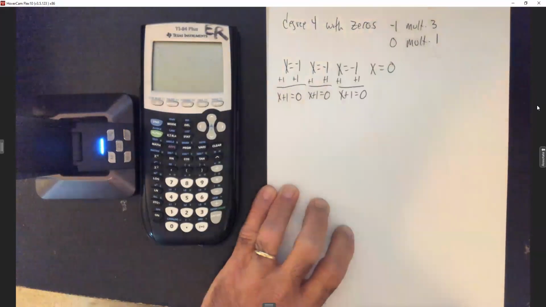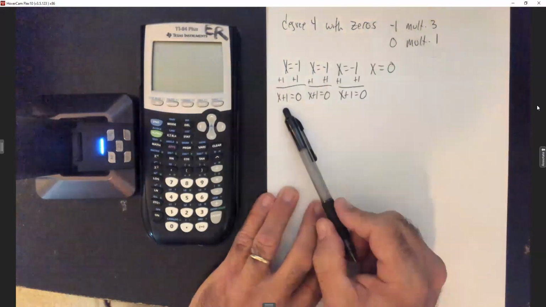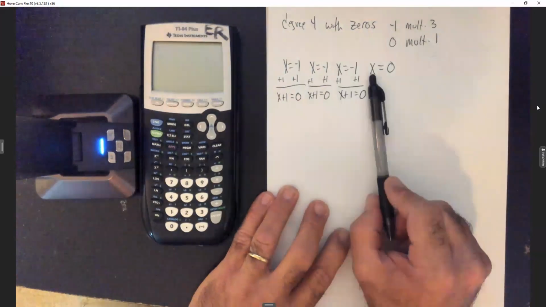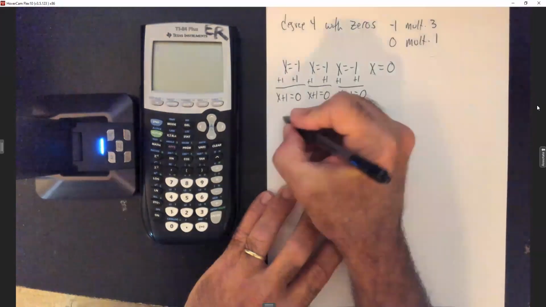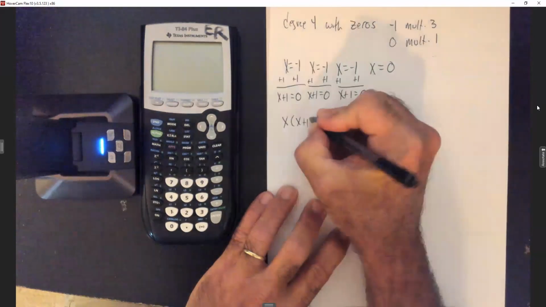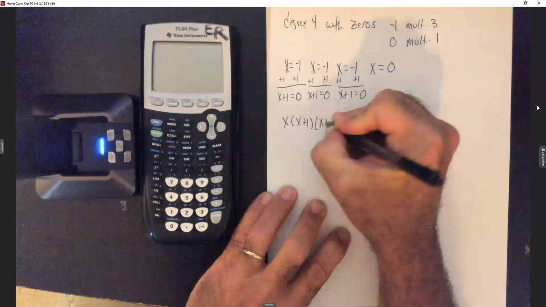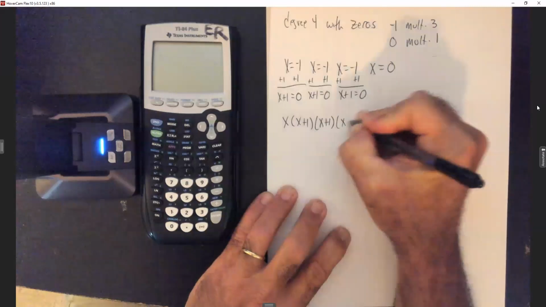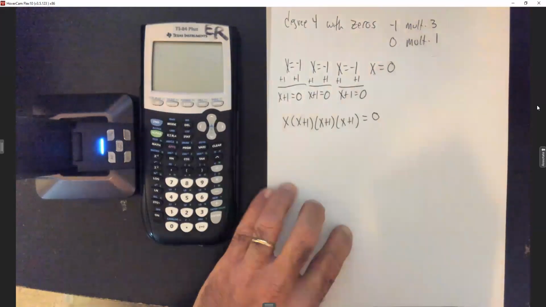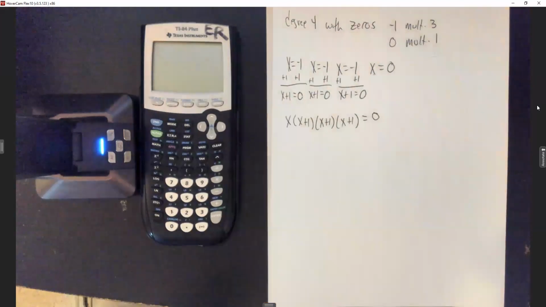Okay, so my 4 factors are x plus 1, x plus 1, x plus 1, and x. So what I'm going to do is take this x and put it first, and then all the x plus 1s I'm going to put in parentheses. And all this is going to equal 0, basically. Y'all, many ways you can FOIL this.